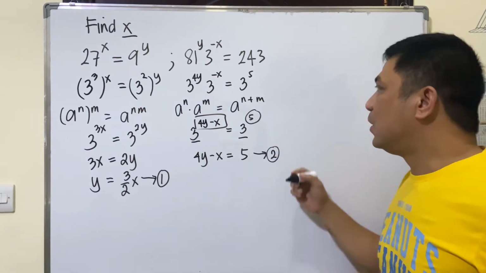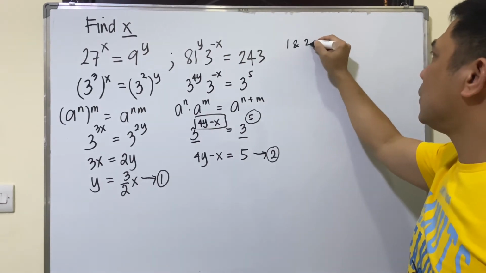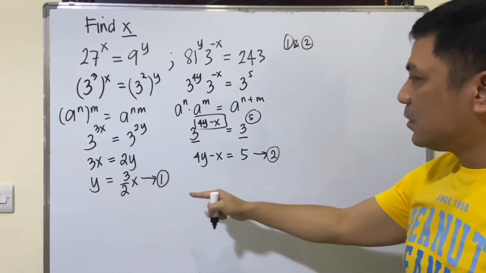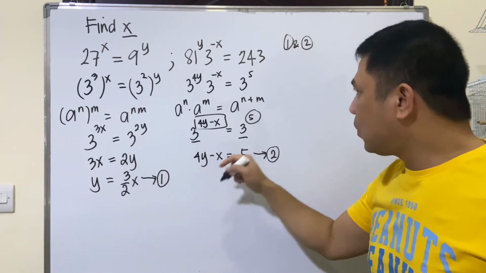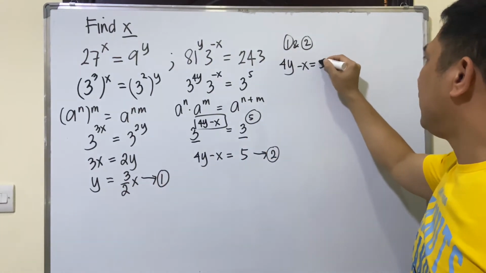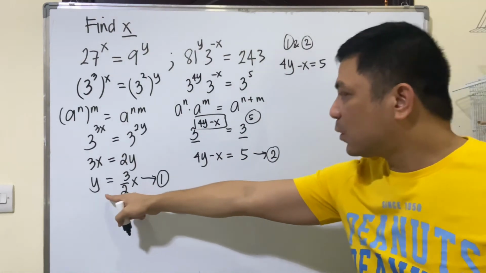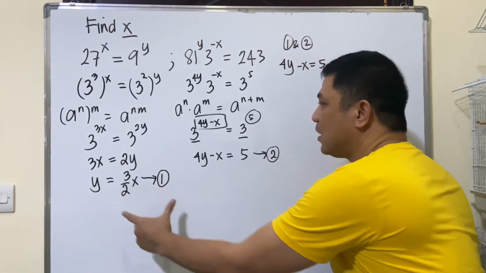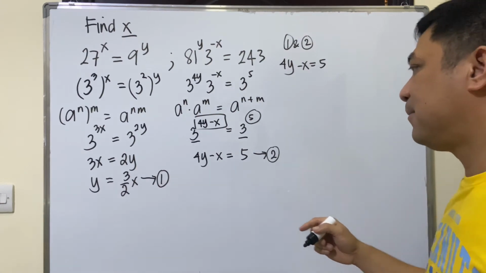Okay? So equation number 1 and 2 then. As you notice, 4y minus x is equal to 5. We know for a fact that y also, based on our equation number 1, is equal to 3 halves of x.